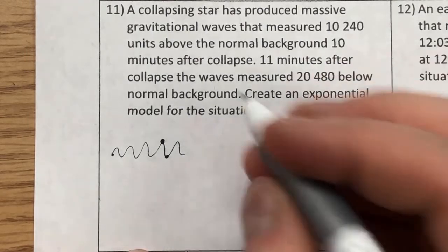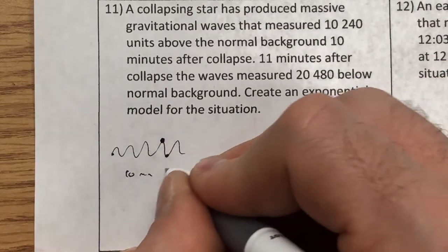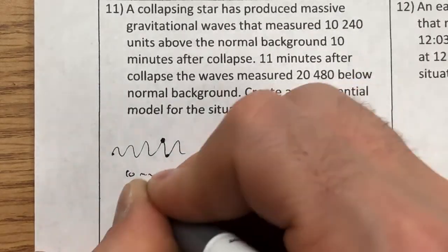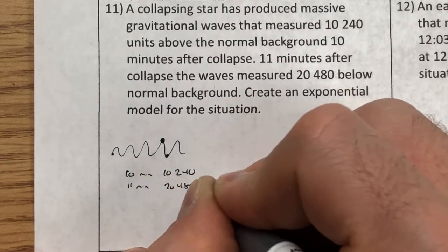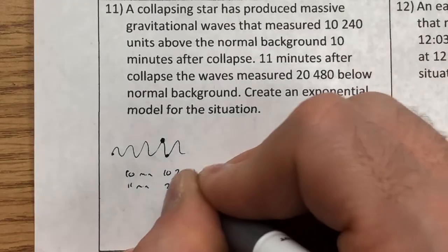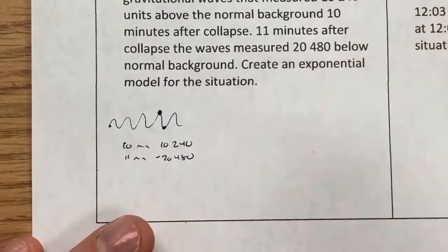So at 10 minutes we were at 10,240, and then at 11 minutes, we were at 20,480. But we're also below the normal background, so I'm going to make that a negative 20,480.